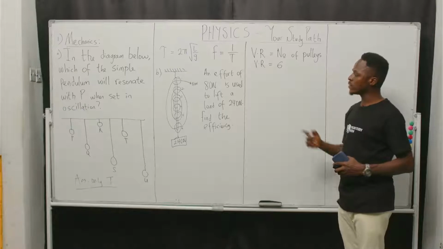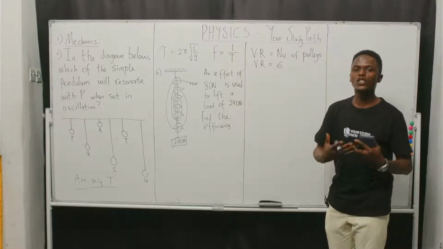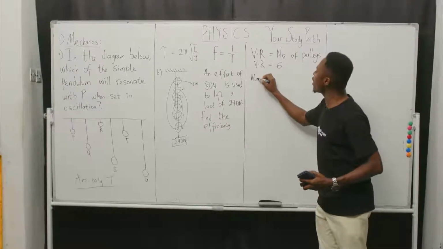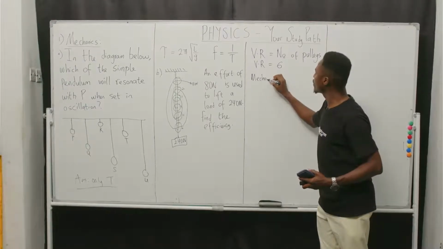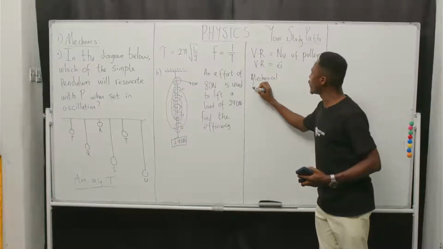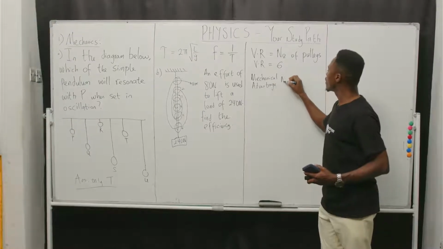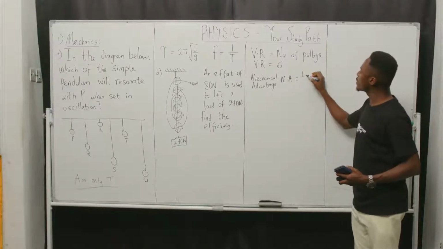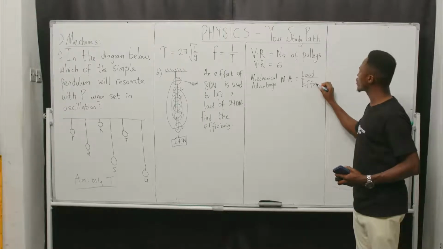Not forgetting, load and effort is embedded under a formula known as mechanical advantage. So the mechanical advantage, MA, as we write it, for this system is derived using the formula load over effort.